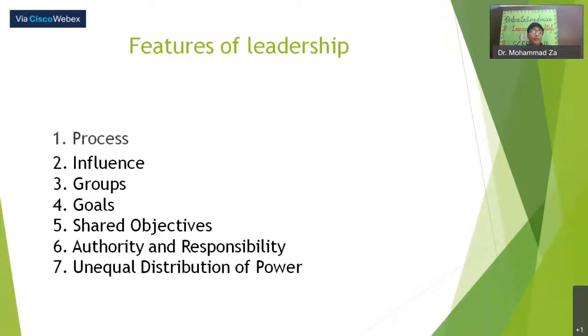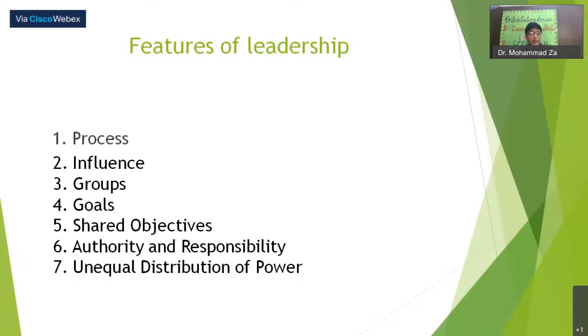But at the same time, with this authority, as in the case of leadership, the teacher is also given responsibility that you have to achieve these objectives of learning in your particular class, in your particular subject. So in this way, again, it is established that the teacher is a leader.